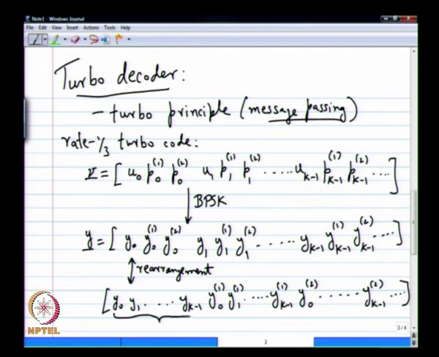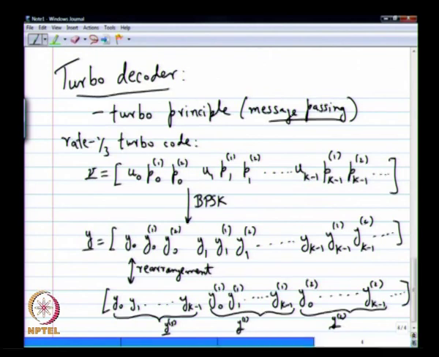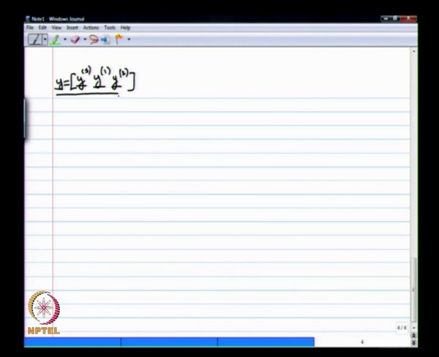This one I am going to call y systematic, this one y1, and this one y2. So y1 is the received vector corresponding to the first parity, y2 is for the second parity, and ys corresponds to the systematic or the message part.